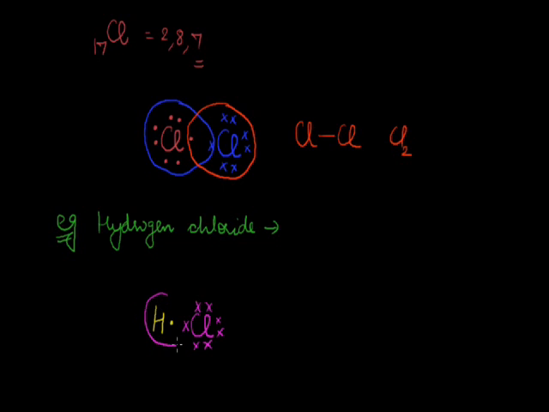Hydrogen has 1, it shares 1 electron of chlorine, it will complete its duplet. And chlorine has 7 valence electrons, it will share 1 electron from hydrogen, it will complete its octet. And we can represent this molecule as this. So it will form the HCl molecule.